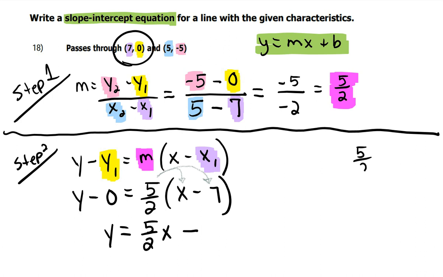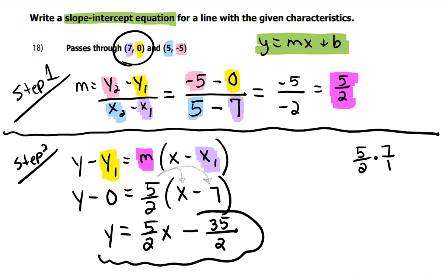If you don't have your calculator and you take this times 7, it's actually 7 over 1. And so numerator times numerator, that's a 35 over denominator times denominator, and that's a 2. This is my equation. Y equals 5/2 x minus 35/2.